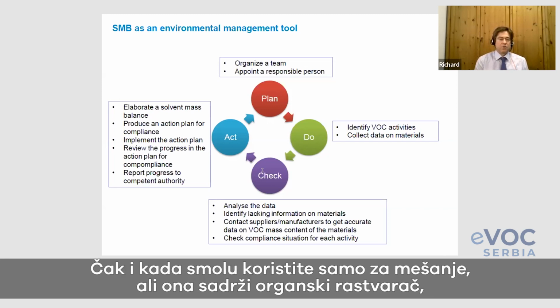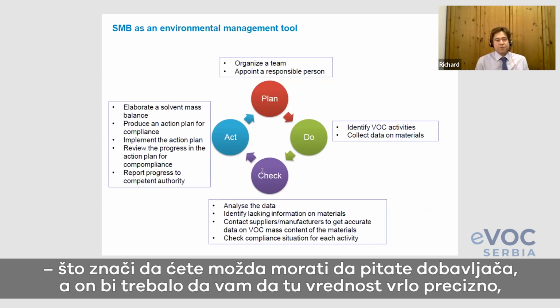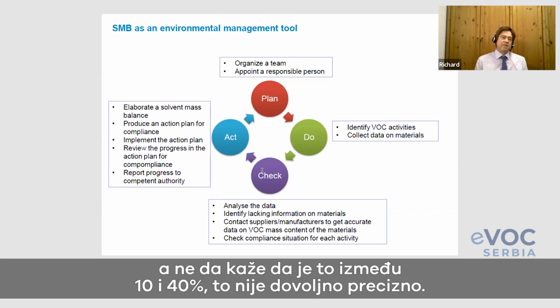Even if you only use that resin for mixing, but you get it in an organic solvent, you have to be aware of the quantity of organic solvents in which you get this resin. So maybe you have to ask that supplier. And very important, that supplier should give you that number in very high precision, and not say it is between 10 and 40%. That is not accurate enough.